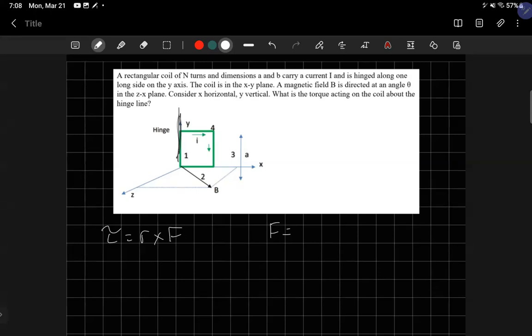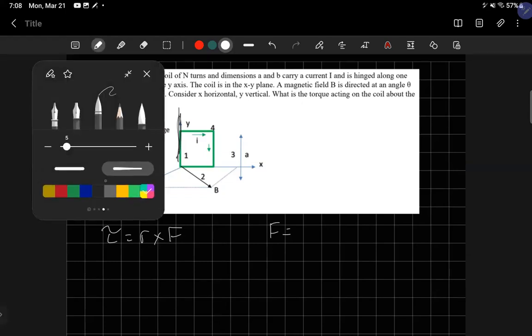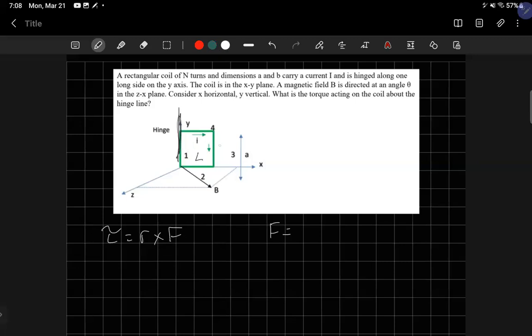Then I'll just call it length times height. And I think, if I'm not mistaken, force will be current times the length cross my magnetic field.